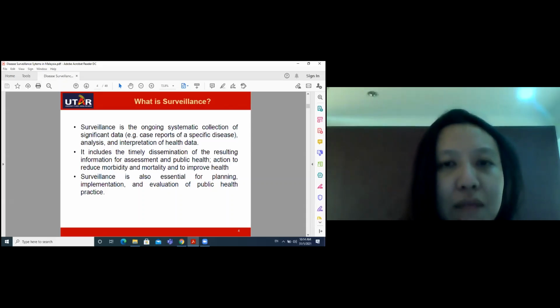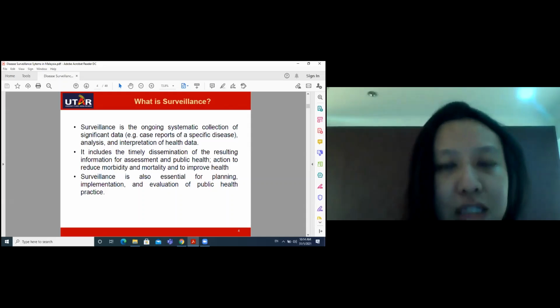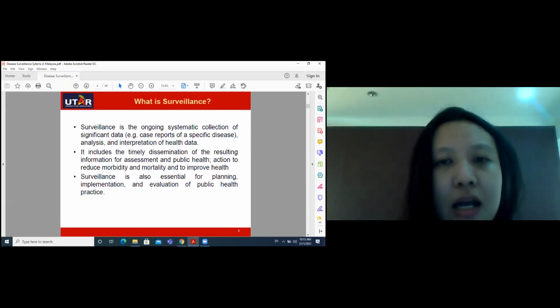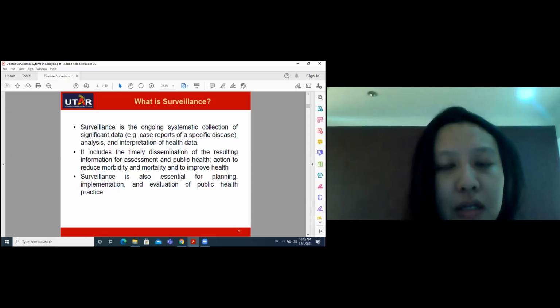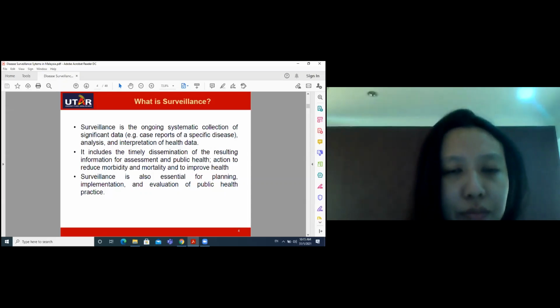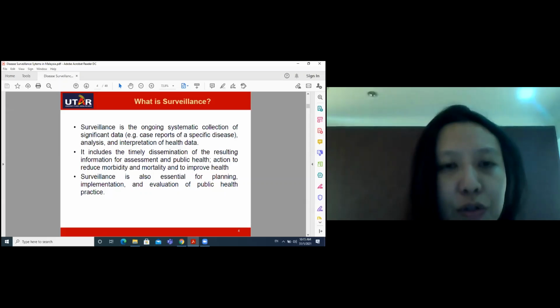It includes the timely dissemination of the resulting information for assessment and specifically for public health prevention, and finally to reduce morbidity and mortality and improve the overall health of the population. Surveillance is therefore essential for public health planning, implementation and evaluation, to see whether it is effective or not in controlling and preventing the transmission of disease.